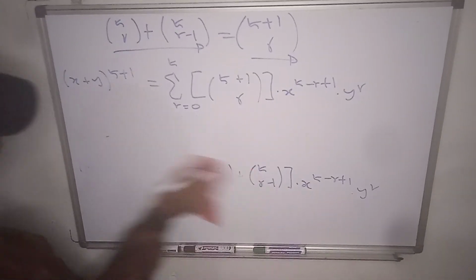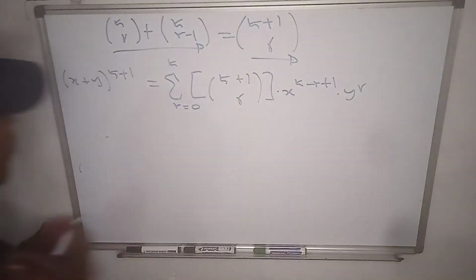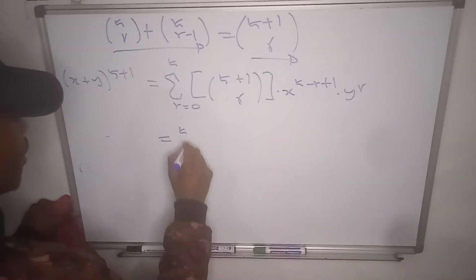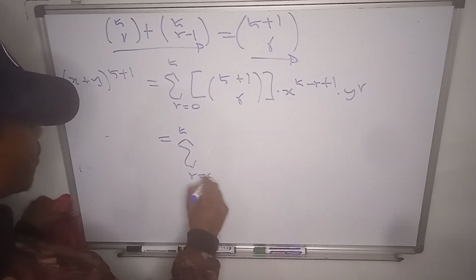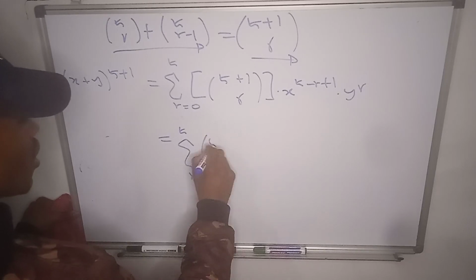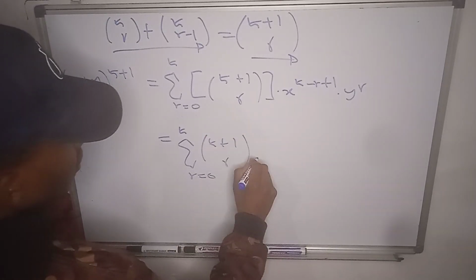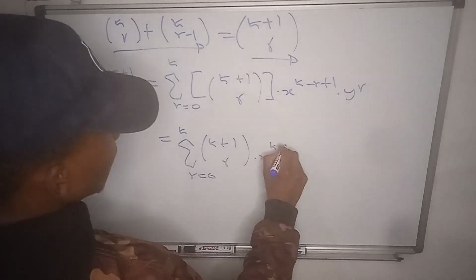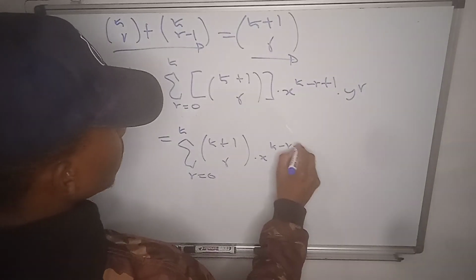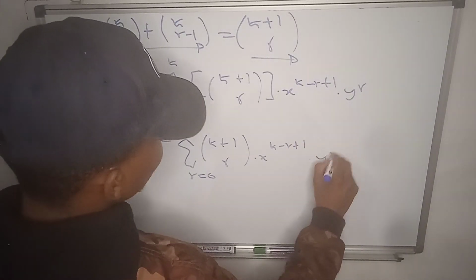So I can remove this part, which is just the same as the summation of r equals 0 to k plus 1 of k plus 1 combination r multiplied by x^(k-r+1) times y^r.